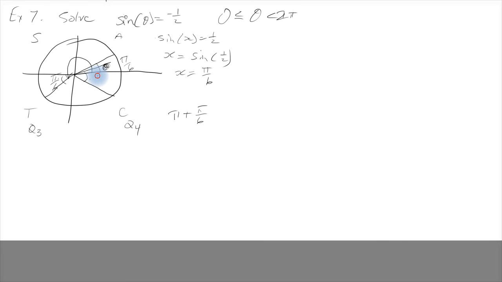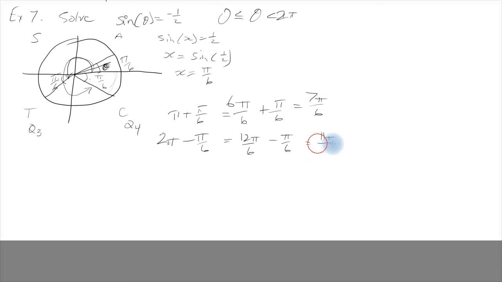Or this one here: if this bit is pi on 6, to get all the way around to that, it's the same as doing a whole loop minus this bit, in other words 2 pi minus pi on 6. So pi plus pi on 6 is the same as 6 pi on 6 plus pi on 6, which equals 7 pi on 6. For this one, 2 pi is the same as 12 pi on 6, take away pi on 6 is 11 pi on 6.